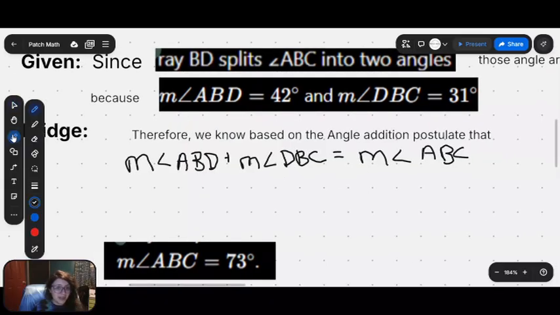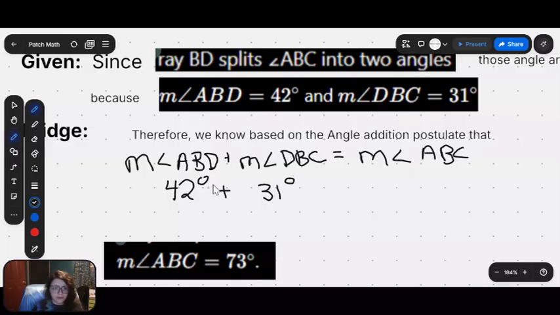So, since we know that the measure of angle ABD is 42, we're going to be using substitution here. We're just going to substitute that measure in, 42 degrees. And then the measure of angle DBC is going to be substituted as well, 31 degrees.